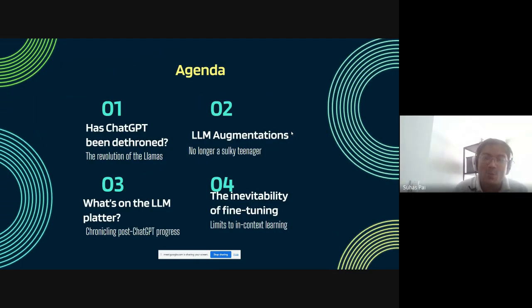Quickly going on to what I would like to talk about today, and let me know if you want to change the ordering or anything in the agenda. We'll start with ChatGPT as the baseline, and then ask what happened in the LLM space after ChatGPT.